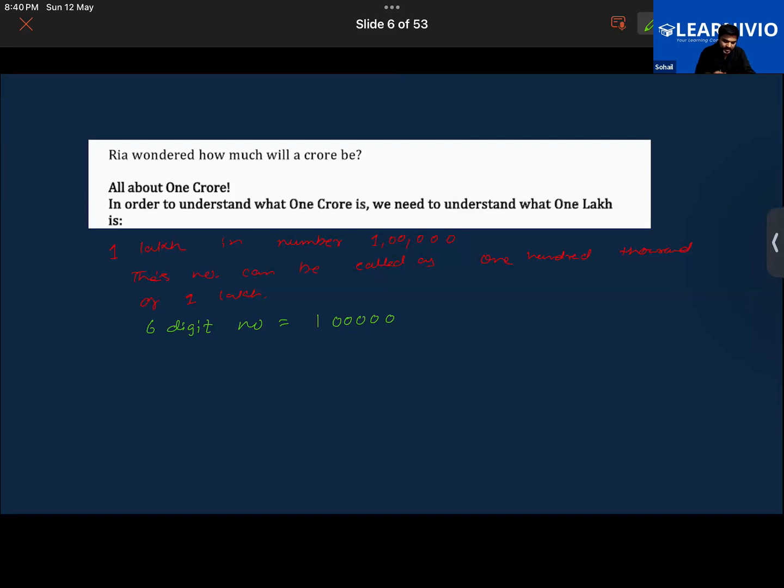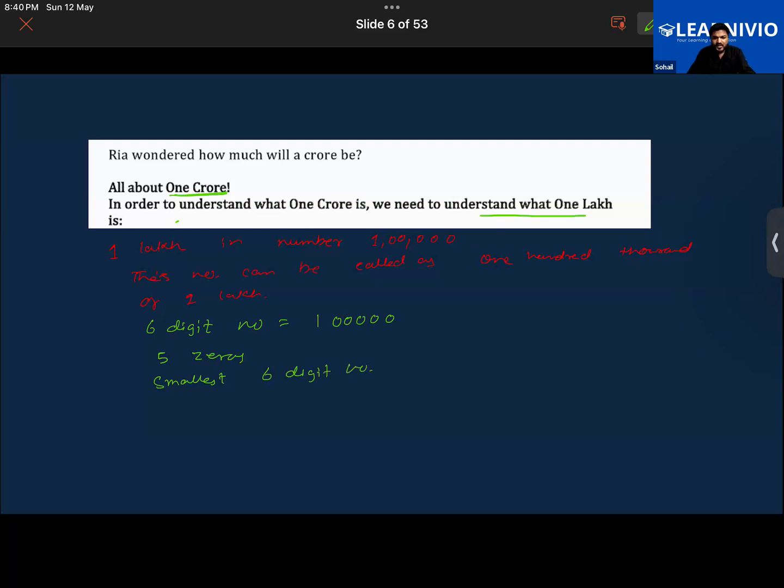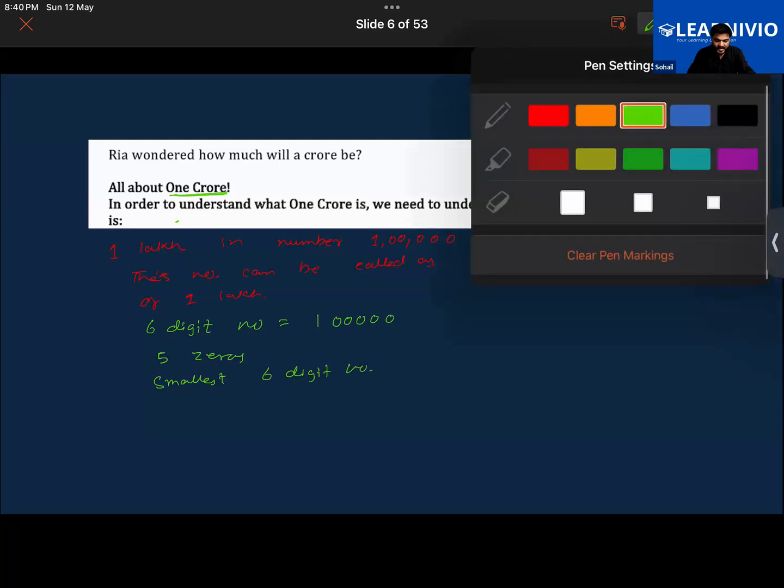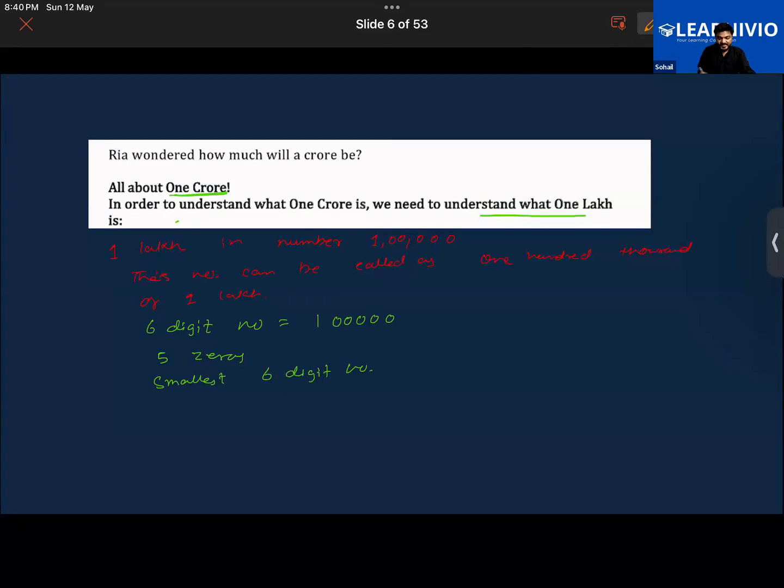Right now, our aim is to understand 1 crore. But before that, we need to understand what 1 lakh is. So it's a 6-digit number having 5 zeros, and it is the smallest 6-digit number. Now say that I am giving you numbers like 6, 4, 3, 2, and 1.